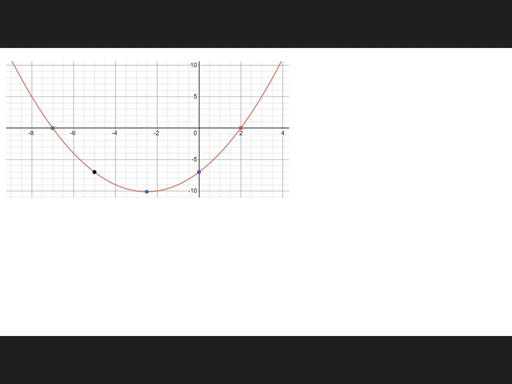Okay, so let's try this last option here and see if we can get that intercept form. So I'm going to start by identifying my x and y intercepts. So this x-intercept appears to be at negative 7, 0, and this one appears to be at 2, 0. So that makes p and q negative 7 and 2.